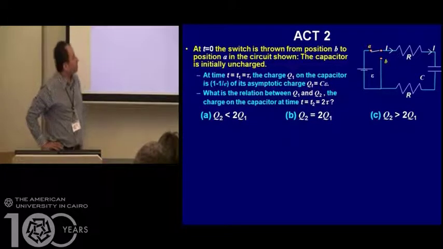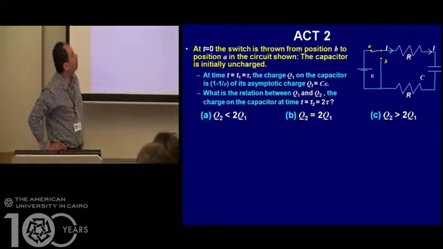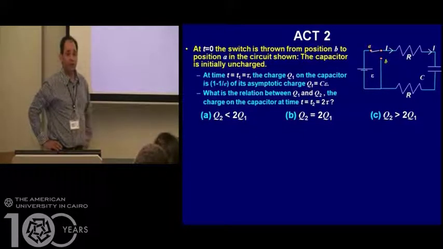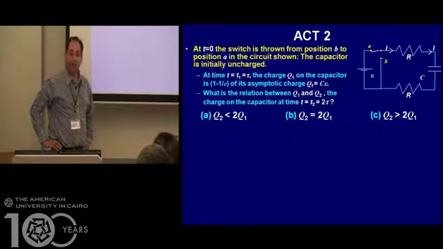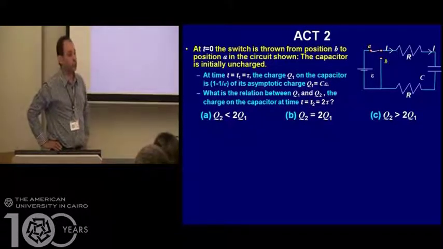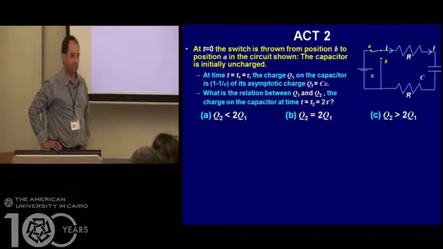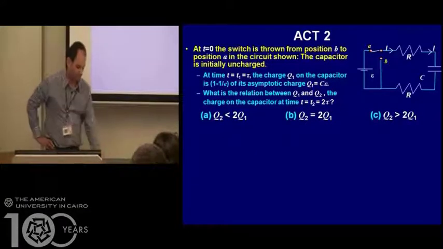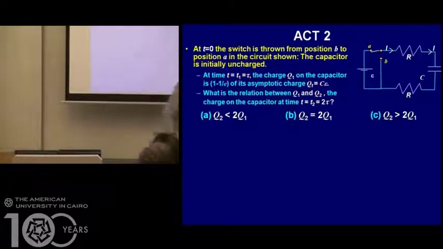So in that circuit, we have R connected to C, connected to another R, back to the battery. And I need to compare the charge on the capacitor at time equal to tau and the charge on the capacitor at time equal to 2 tau. Graphs are very useful in that case.